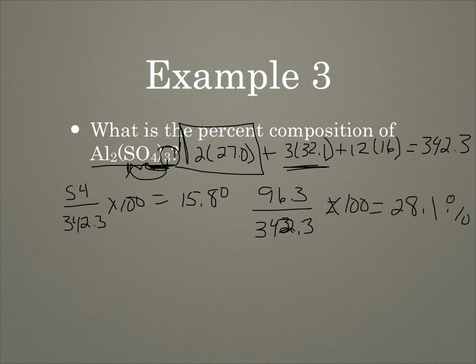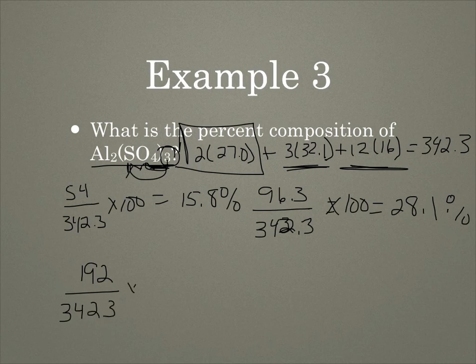These are all percents, of course. And then the last one, the oxygen, would be the 12 times 16, which is 192, over the whole, 342.3 times 100, and you get 56.1.